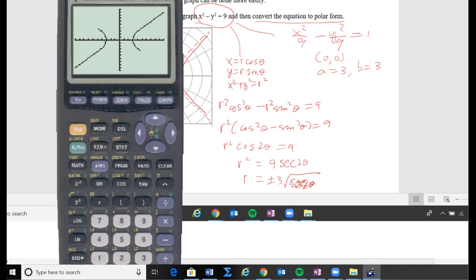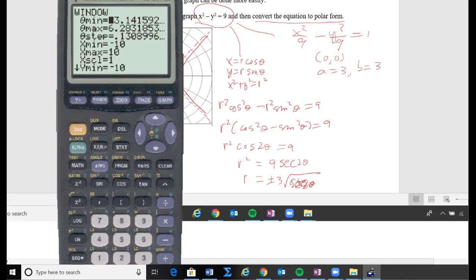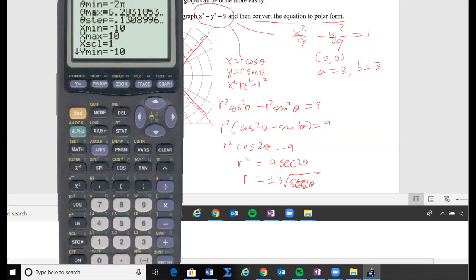All right, so still not quite enough to get the whole graph. I'll make this 2 pi here. I've got to get rid of that. Okay, and I'll enter that and I'll graph that.